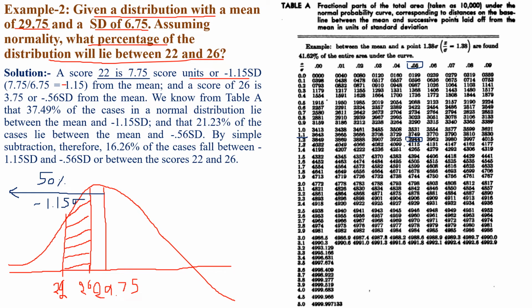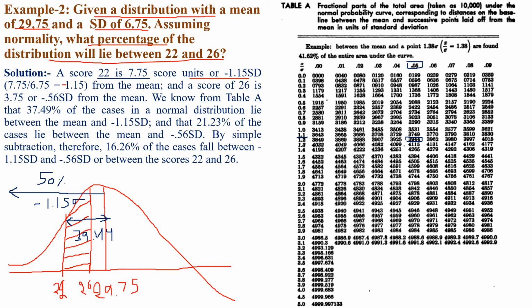So 39.44 is the area for 1.15, so 39.44 total individuals lie between 1.15 and the mean value.